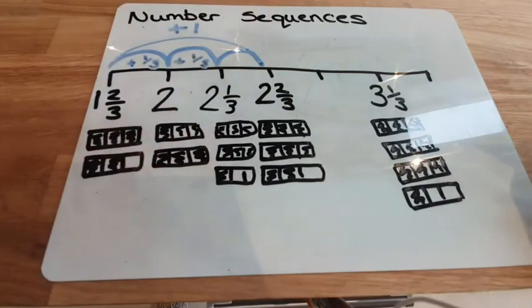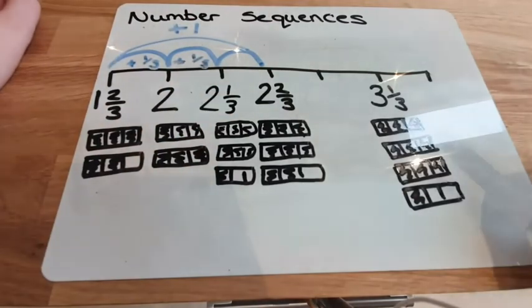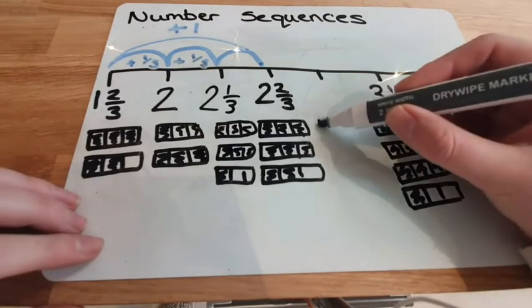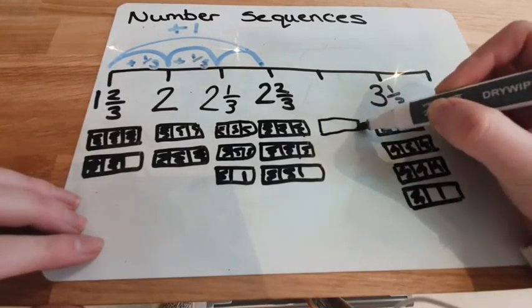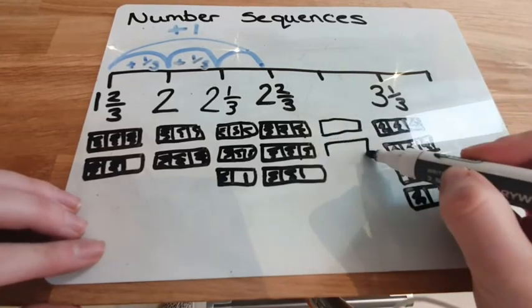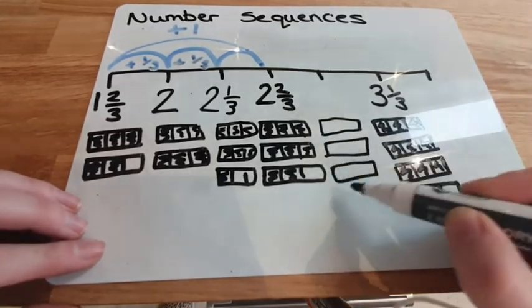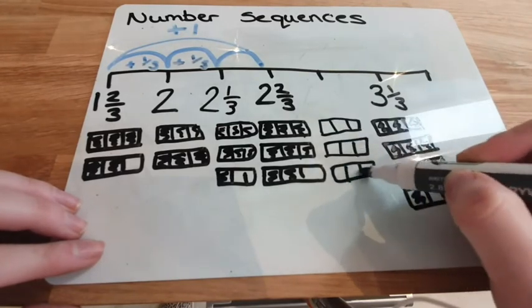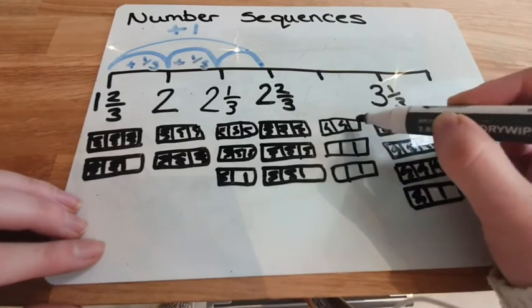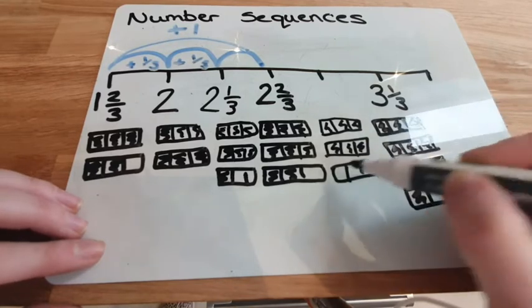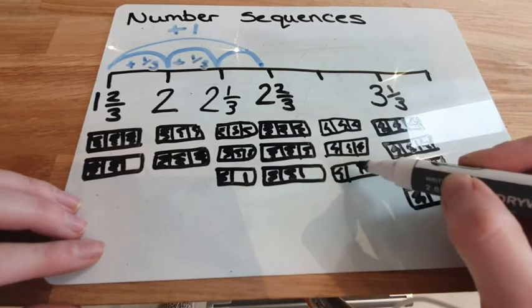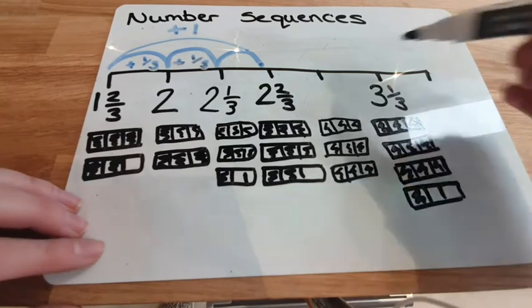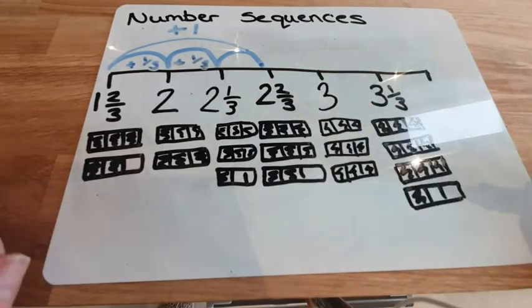We've already got 2 2/3. So now we're going to have a go at this one. See what you think it is. We've already got 2 and 2/3, and then we add another third and it makes 3, the whole number.